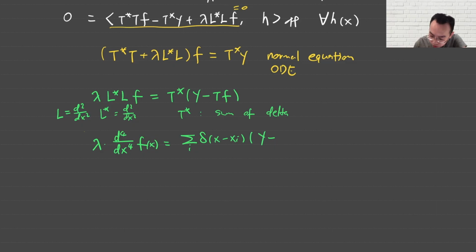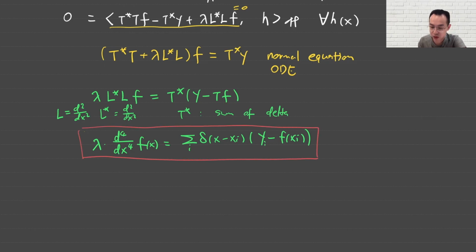So we have yi minus f of xi. Okay, so that is the form of this ODE when we plug in all the operators. You see this form is actually very familiar, right? Yes, this is the exact same differential equation as we derived for the smoothing spline using variational calculus in the previous video. So this is an ODE that is exactly like the thing we derived before.